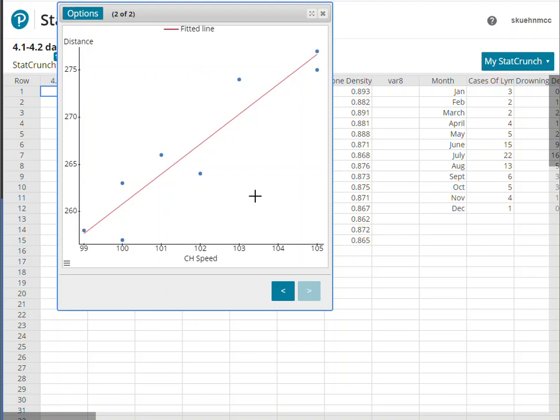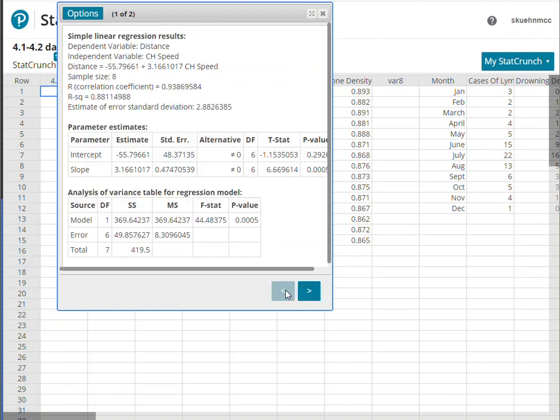Now, what do we think the correlation coefficient is going to be for a scatter plot that's scattered like this? We can go back to the previous screen and notice that, nope, not that number. Notice that right here, the R value, the correlation coefficient, is going to be 0.939.